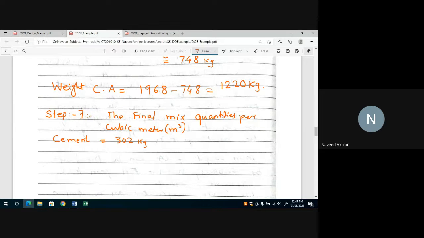Then the value of the sand we have calculated is 748 kg.